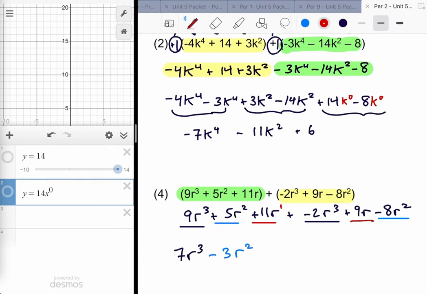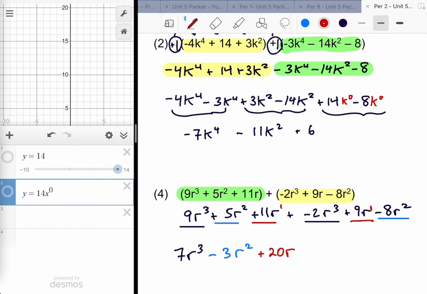If you just see a variable without a power indicated, they're like terms, but they're also known to have powers of 1. Right? As opposed to just a constant which has power of 0. So 11r to the first plus 9r to the first would be 20r to the first, or just 20r.